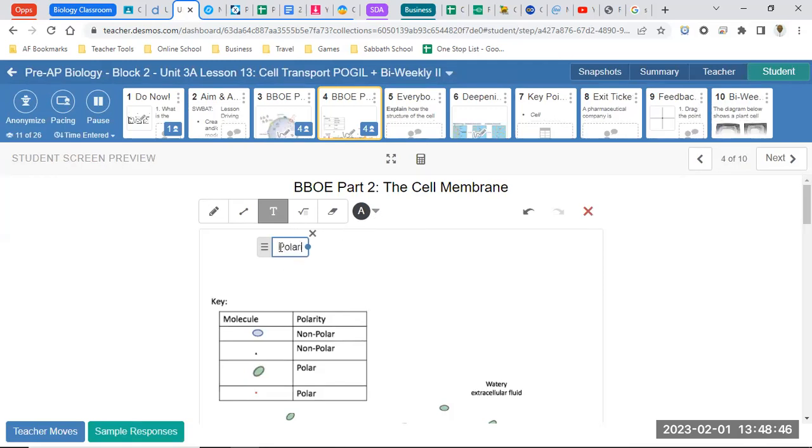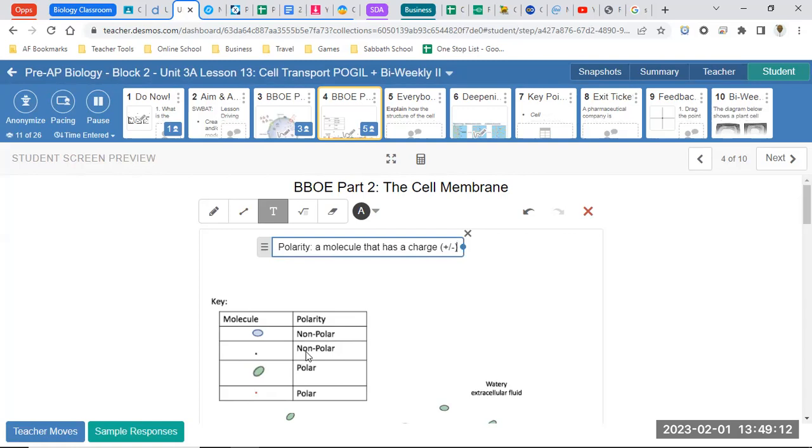Okay, polarity. A molecule that has a charge. Okay, so a charge is either plus or minus, positive or negative charge. Okay, that's what polarity is.